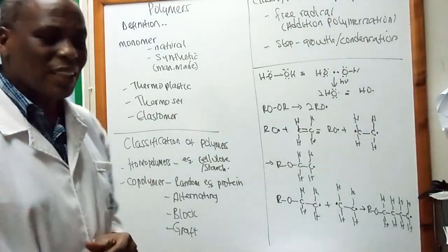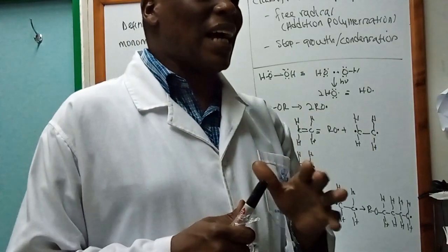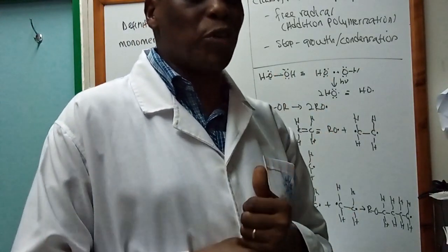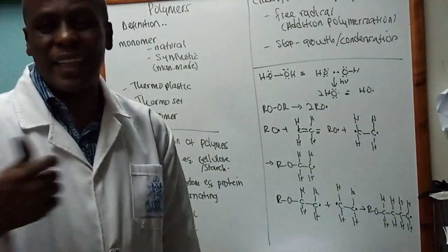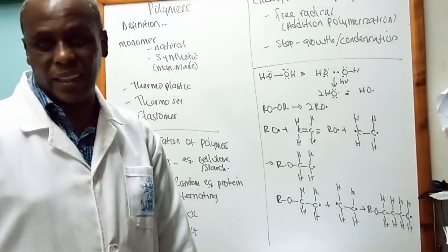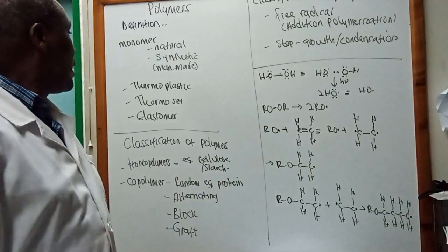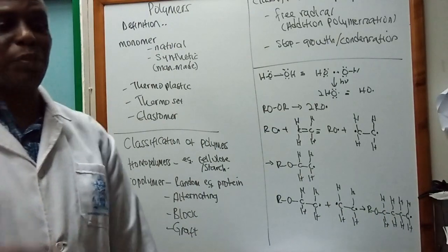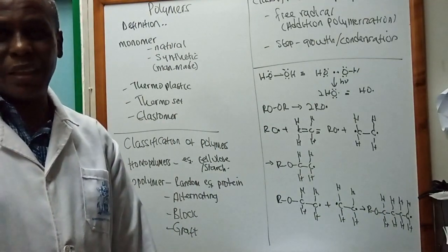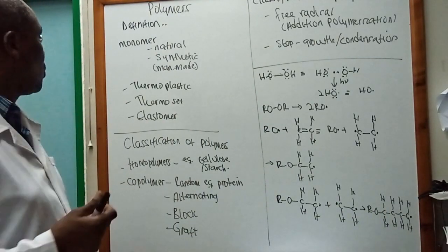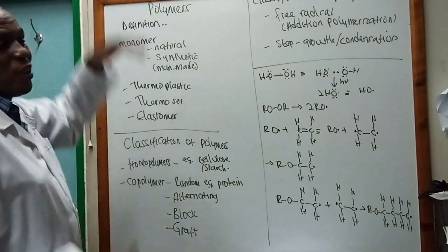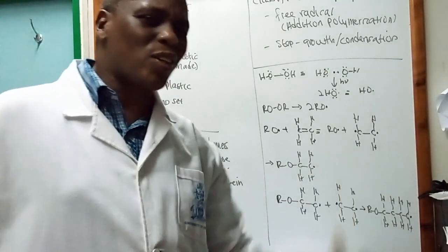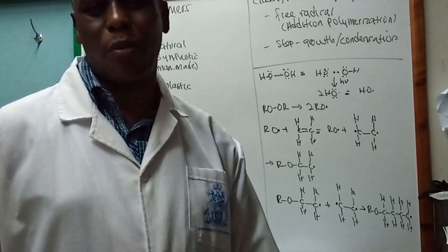Now we're going to say that this fundamental unit which we are going to be calling monomer can either be natural, which means that it is found in nature, or it can be synthetic, which means that it's been made in an industry, it's been man-made. Synthetic, man-made, makes up the bulk of the polymers that are available.